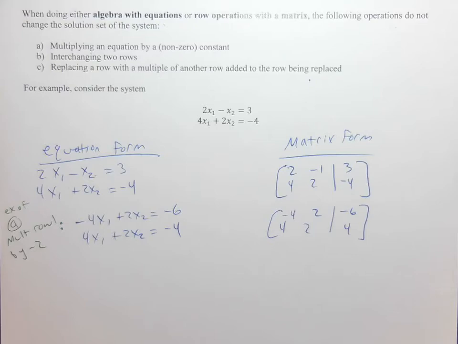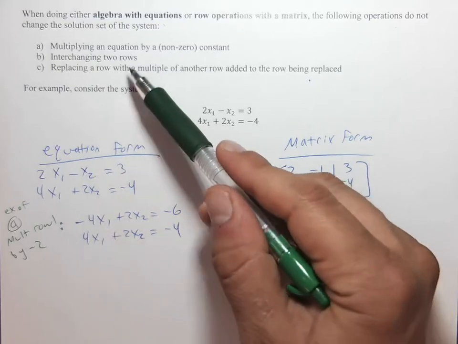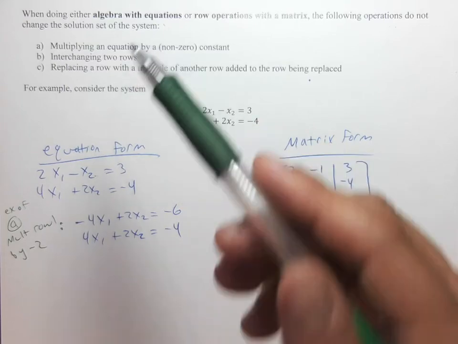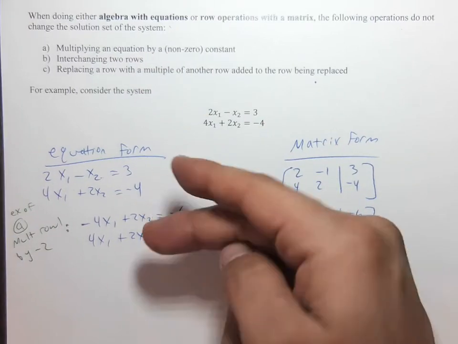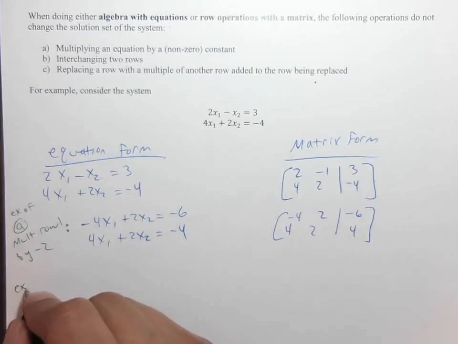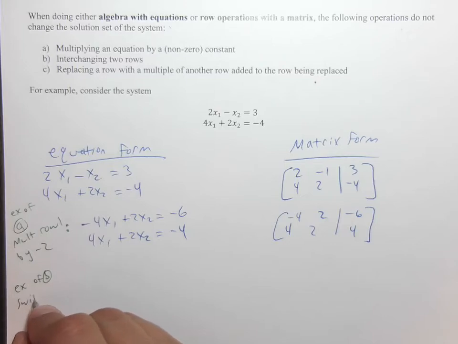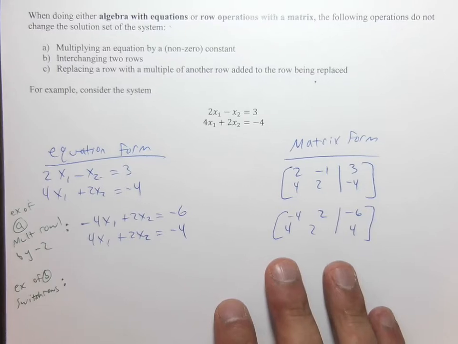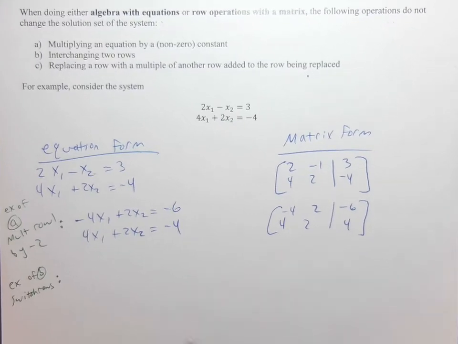But before we do that, let me just show you how we can interchange two rows. So interchanging two rows just literally means flipping the equations, right? So we could flip the rows around and nothing changes. It's just like writing the equations in a different order, right? That doesn't matter. But let's just be clear. Example of B. Let's switch the rows. And when we switch the rows, it would be the exact same thing. The rows would just be in the opposite spots, right?